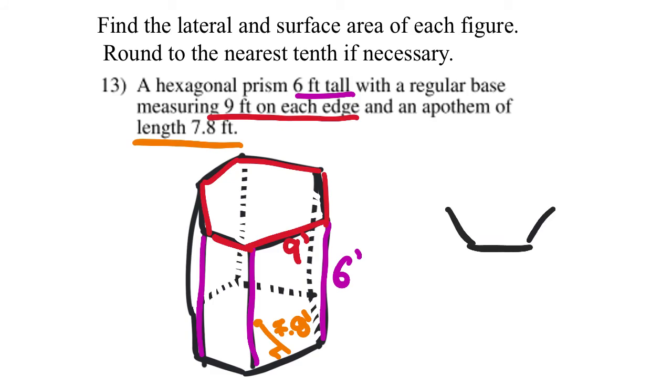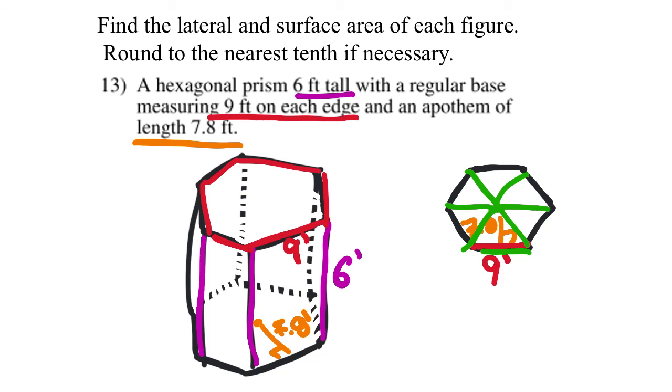If I'm looking at a hexagon, a six-sided shape like this, we can put the apothem on this at 7.8 feet. And again, we do know that each of the edges is 9 feet like this. So when I want to figure out the triangle, which I do need, the area of one of them, of course there will be 6 total triangles, all matching.